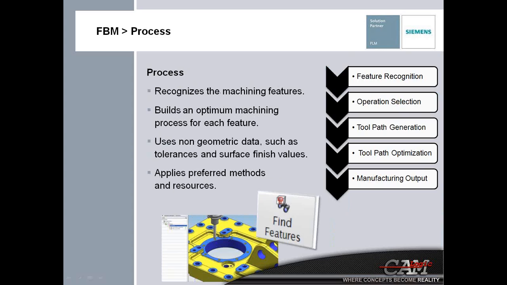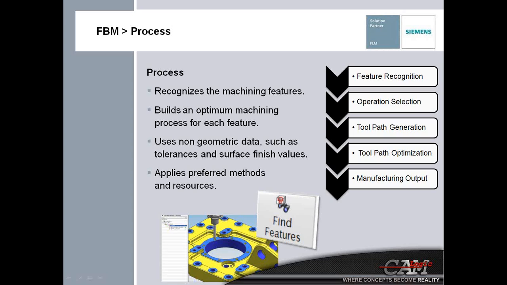The feature-based machining process in NXCAM is primarily a 5-step process. We have first and foremost the feature recognition. And the beauty behind the feature recognition with NXCAM is it doesn't necessarily have to be designed in NXCAD for NXCAM to recognize features such as slots, holes, and pockets.